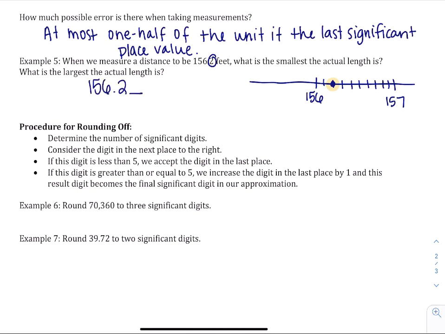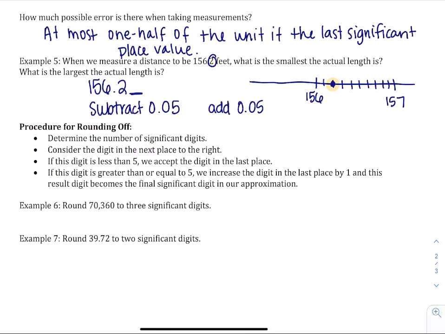156.2. Well, the next decimal place is right after the 2. And so you'll subtract 0.05. Okay, I'm just putting a 5 in that next decimal, so I need it to be in the second decimal. And you'll add 0.05. And that's going to give you this range of values that the actual length could be. It's going to give you the values that you would have rounded to 156.2.